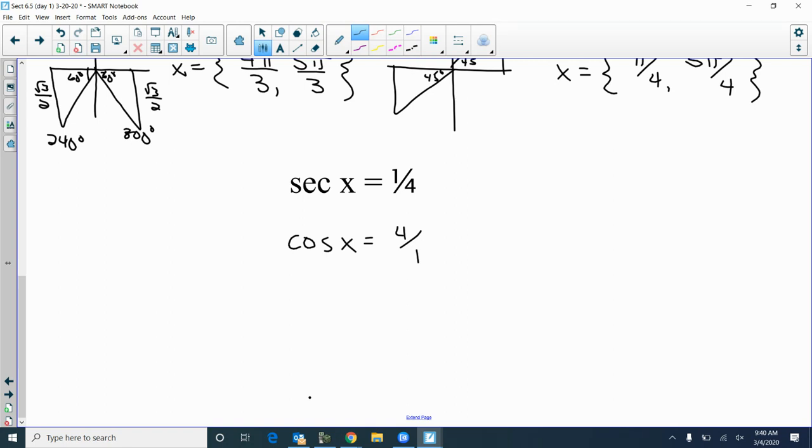Remember, the cosine of any angle has to be between -1 and 1. So if anything's bigger than 1 or less than -1, it's not going to exist. So there's no solution for that. It doesn't work. Anything bigger than 1 for cosine or sine doesn't work, or less than -1.